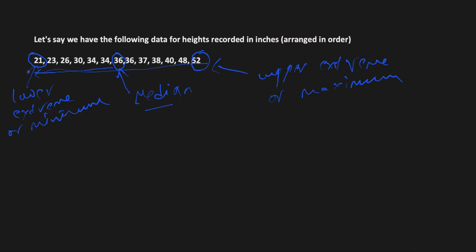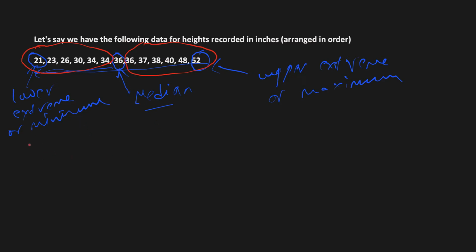The middle, or the median, of this data set is our lower quartile, and the middle of this data set would be our upper quartile. Just make a note that I'm not including 36 while calculating the lower and upper quartile. I'm excluding 36, which is the median.